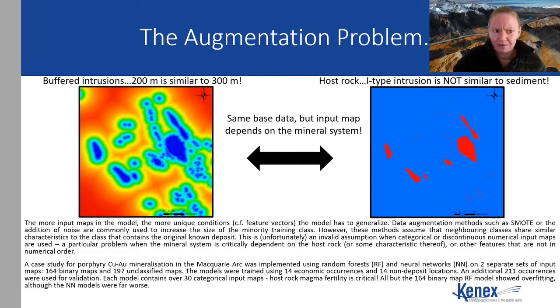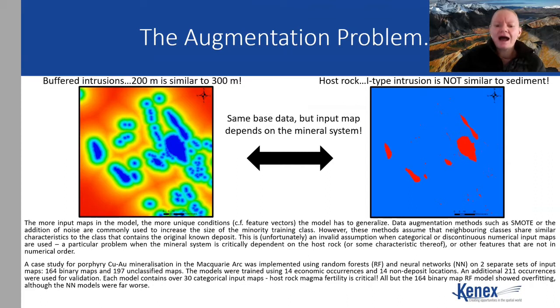And in mineral potential mapping, the minority training class is the mineral deposit class. We simply don't have enough known mineral deposits ever really to effectively train really complicated models. So we need to find a way to increase the size of that minority class.